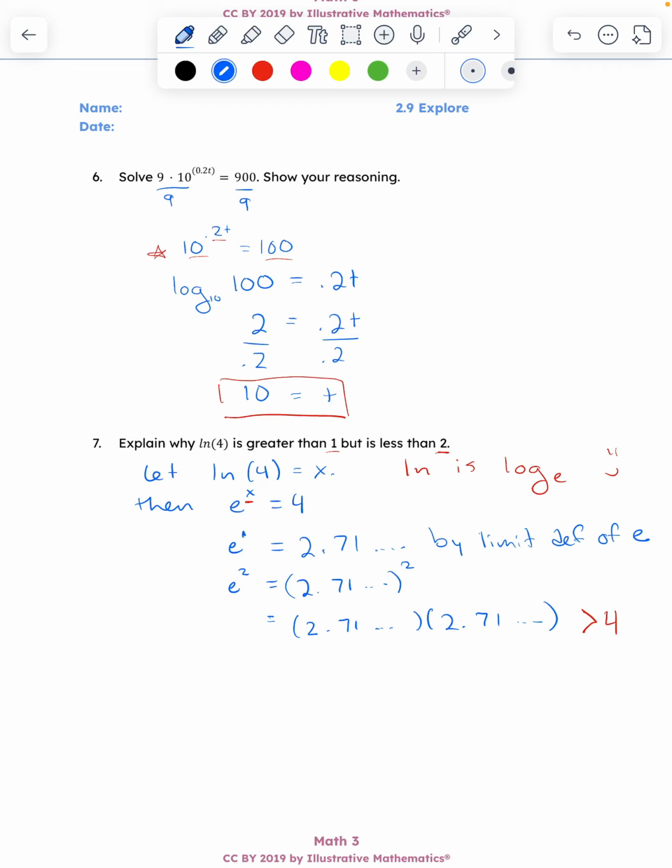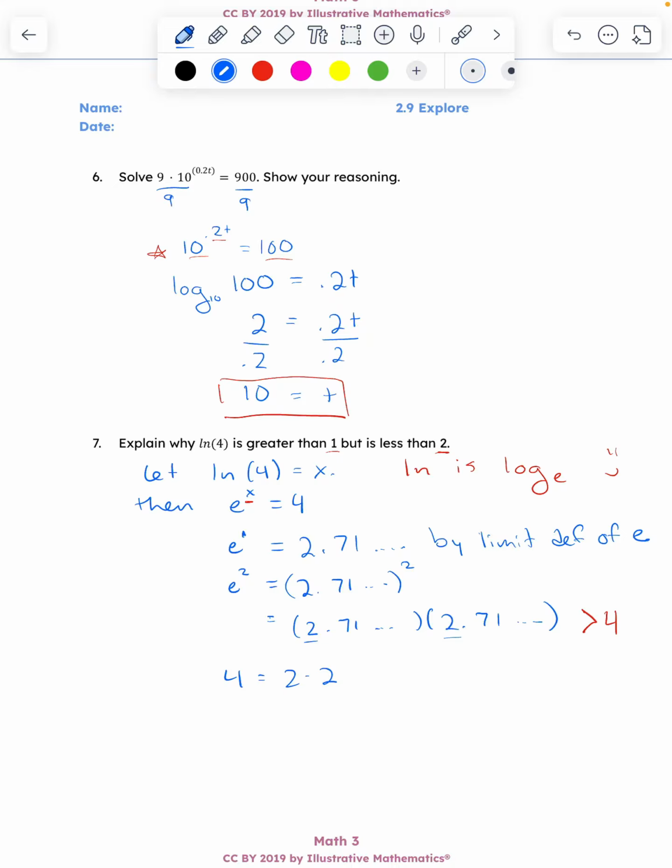Well, 4 is 2 times 2. And whatever this number is, it's something bigger than 2 times something that is also bigger than 2. So it's going to be more than 4, necessarily.